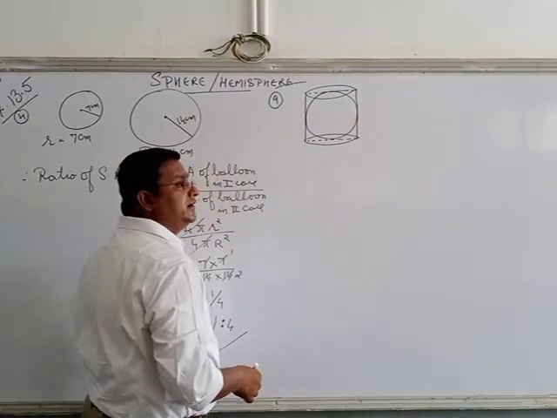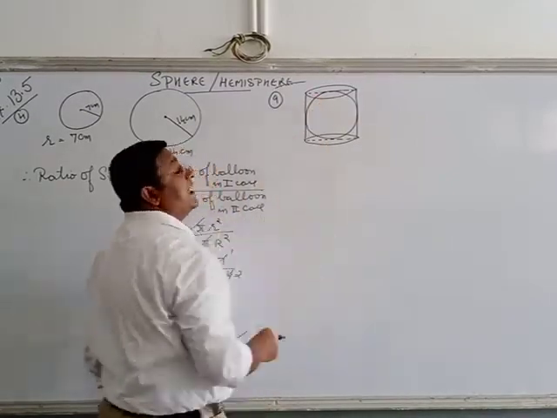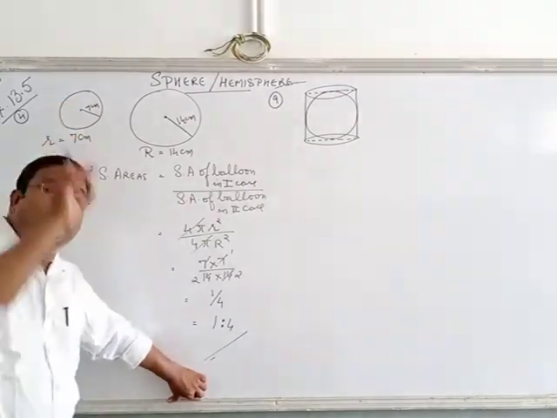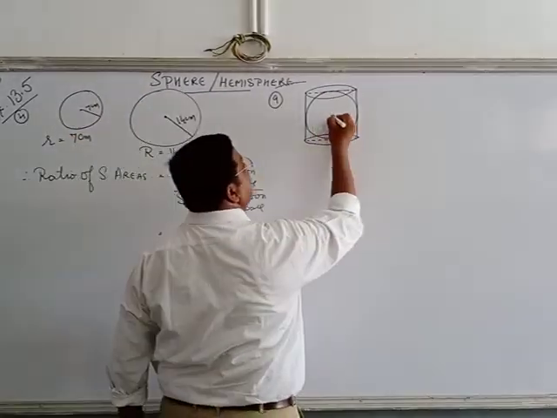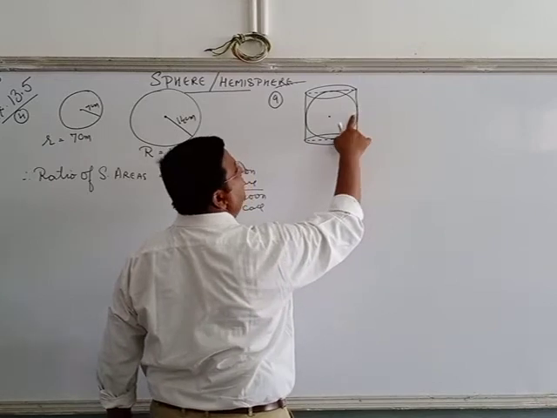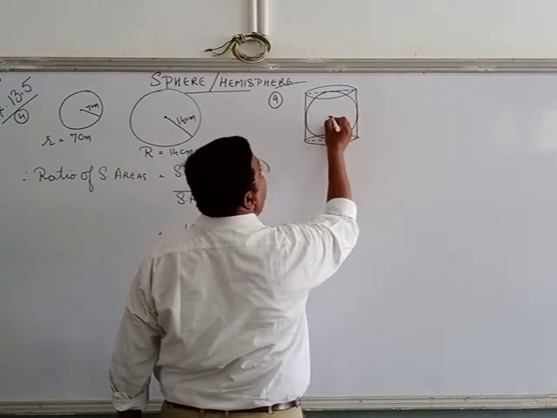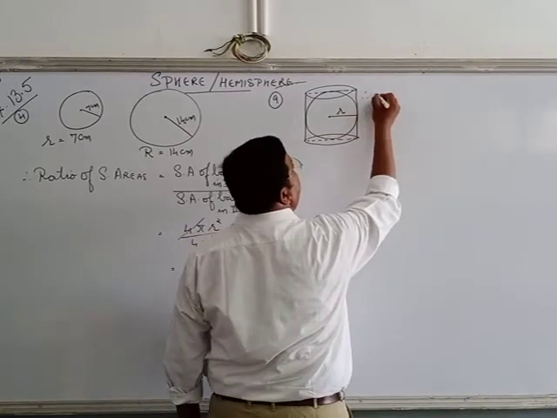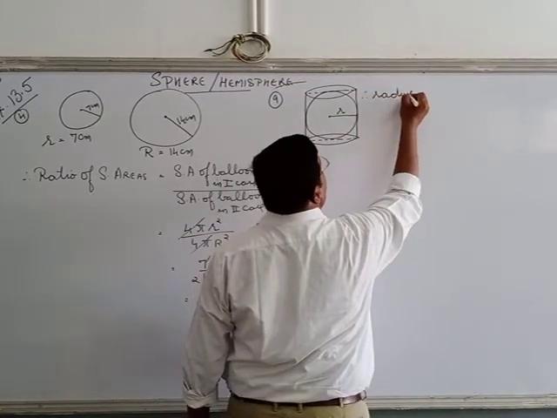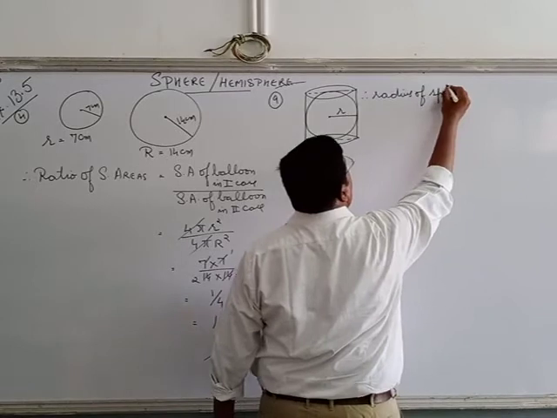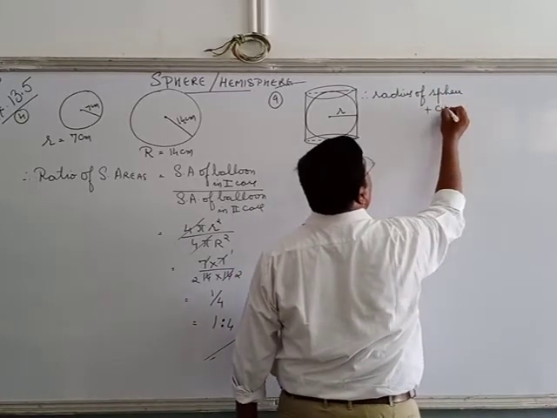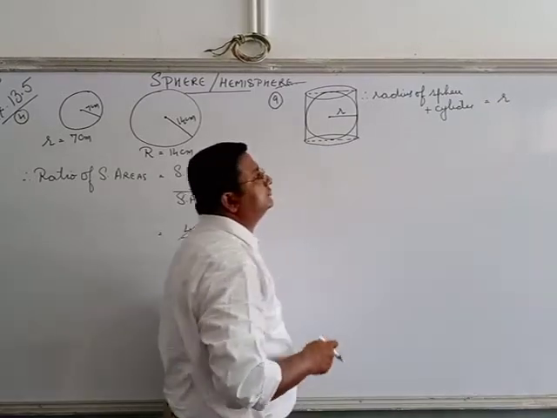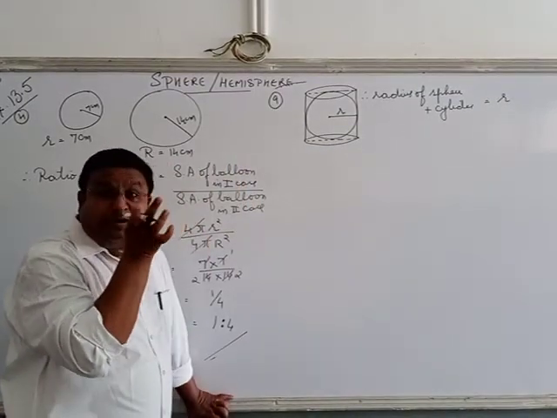You can see a sphere that is exactly enclosed. He is not saying some space is left, he said it just encloses. So you can see the walls of the sphere and the walls of the cylinder touching each other. The radius is r. So we can say that the radius of the sphere and cylinder is equal to r. Agree? According to the question.